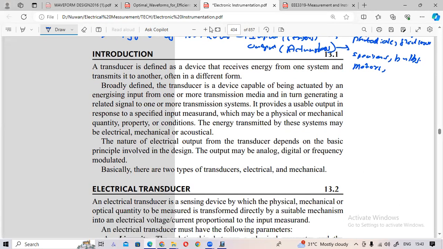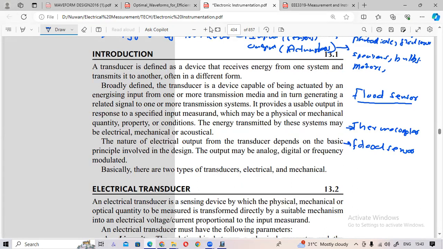For example, if you consider a flood sensor, and for example, a thermocouple, there is a difference between these two sensors.